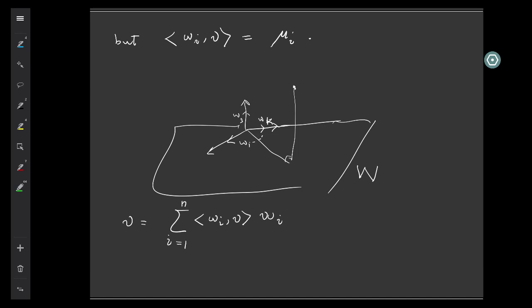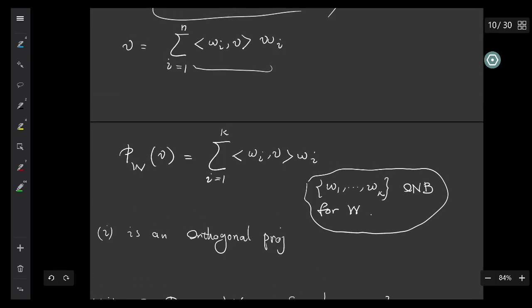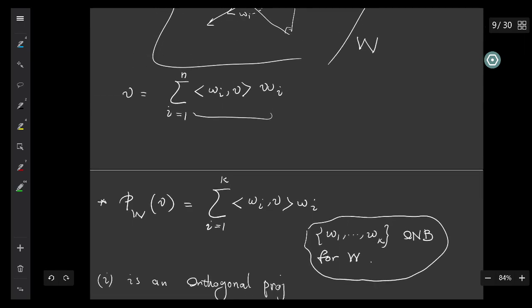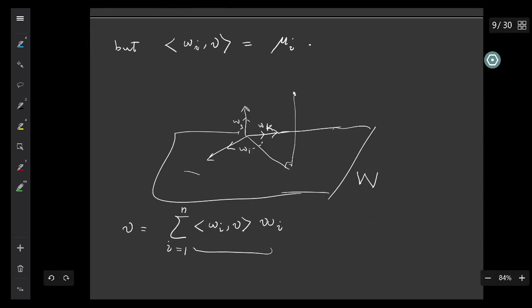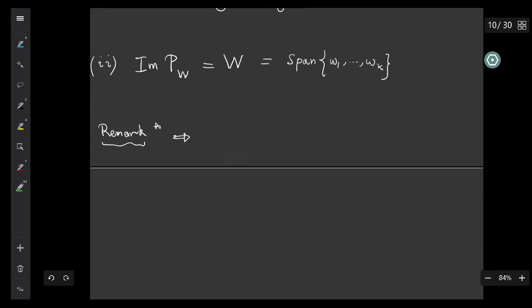If we take only a chunk of it, only k of these summands, then we can write Pw of v equal to this sum. And we can easily verify that this is actually an orthogonal projection. Also, the image of Pw is equal to W, which is the span of W1 to Wk. So this is the W, and this defines this orthogonal projection.